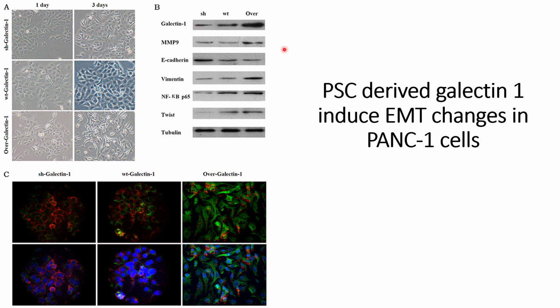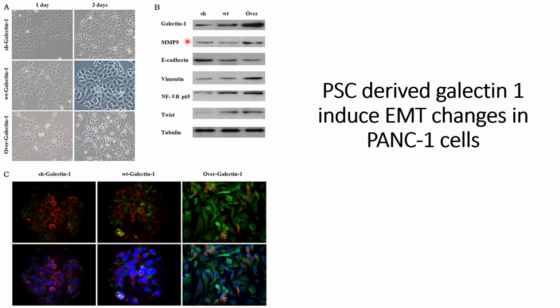So this is the control, and for the Galectin-1 conditions the first column is the Galectin-1 knockdown, the second one is the Galectin-1 wild type, and the third one is the Galectin-1 overexpressed.